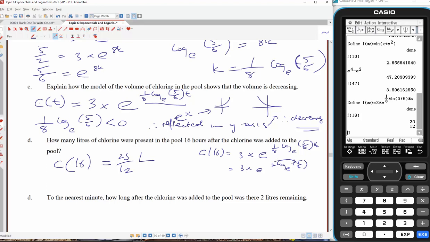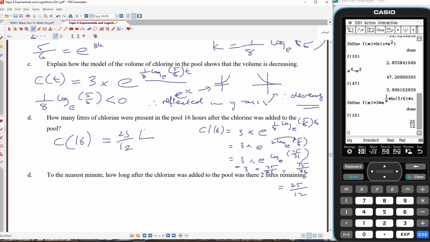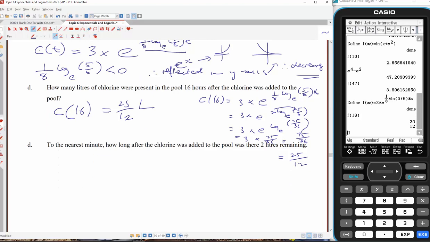Now I can grab that 2 and raise it, so I've got 3 times e to the log e 25 on 36, which log e undoes itself, 3 times 25 on 36, which is 75 on 36, which is 25 on 12. There it is. A nice exact value question, so very much could be an exam 1 type problem.